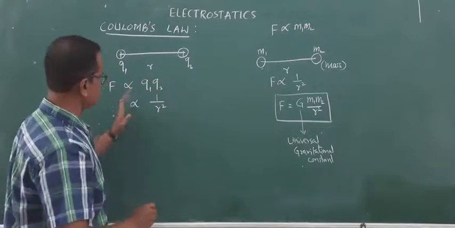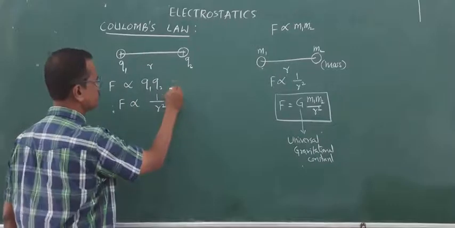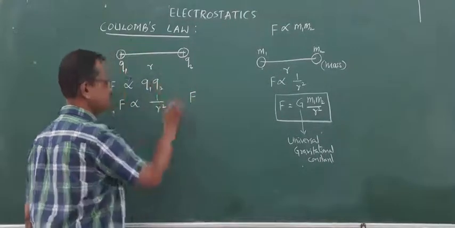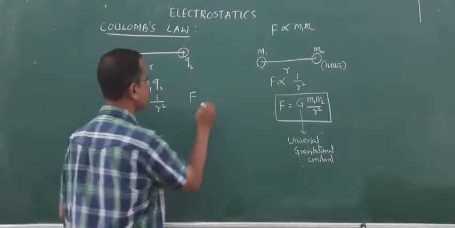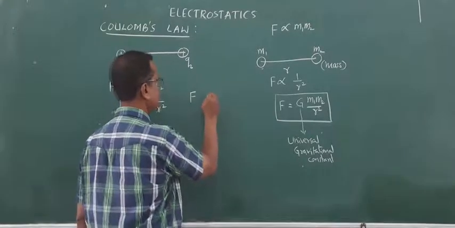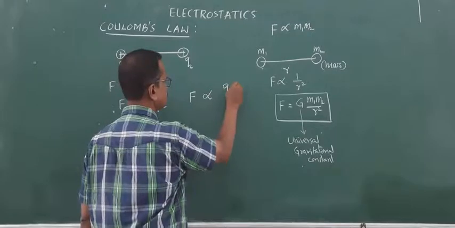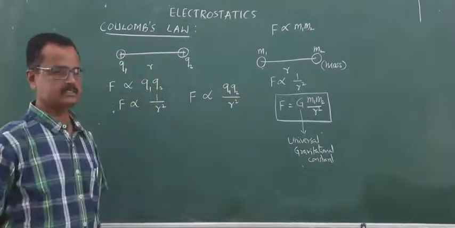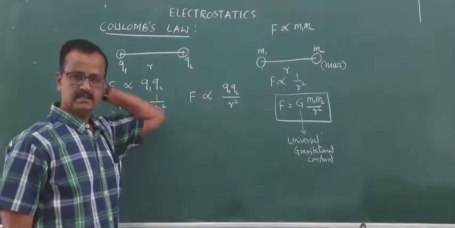And thus, joining these two factors together, we can write that the force of interaction is directly proportional to the product of charges and inversely proportional to the square of the distance separating those two charges.